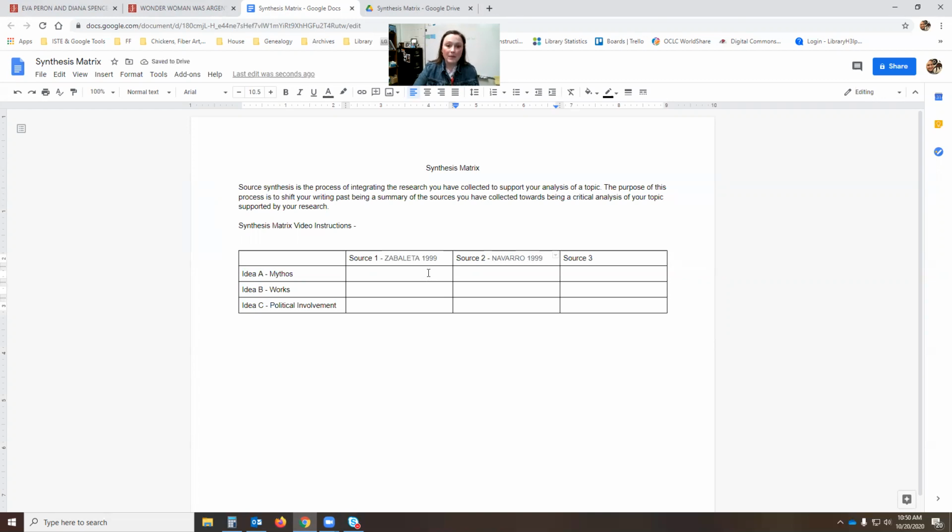And so as I go back through and do my reading, I'm going to write in details from the two articles that fit these different ideas.